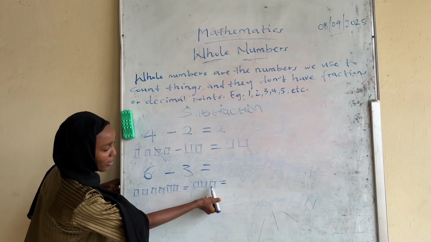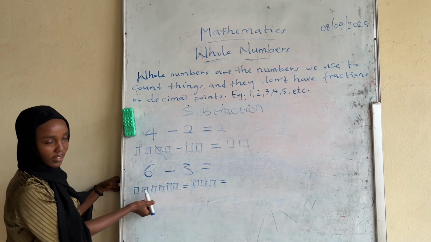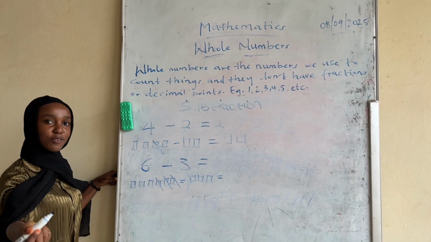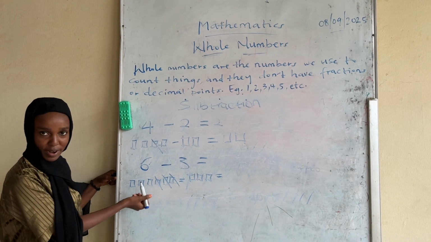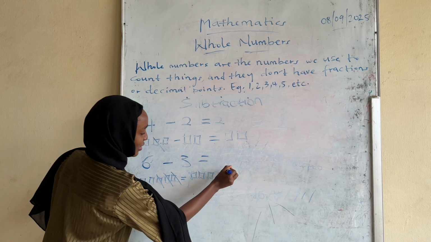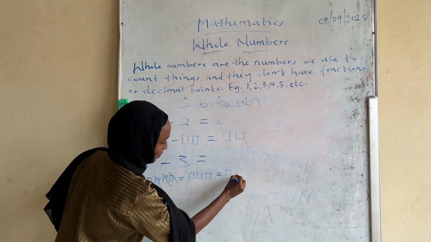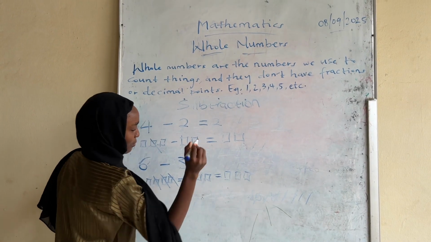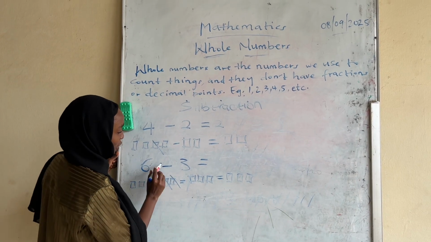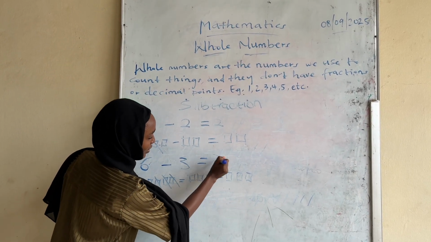You have to minus these 3 boxes out of the 6 boxes your mom has at home, and then your mom is left with 3 boxes, right? 1, 2, 3. So your answer is 3 boxes. Make sure to remember that you are dealing with whole numbers, so you have to write 3 boxes left.